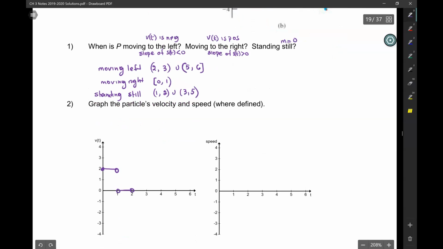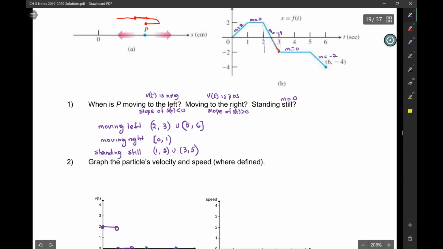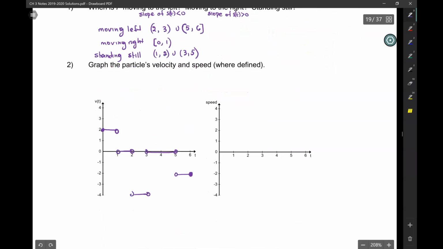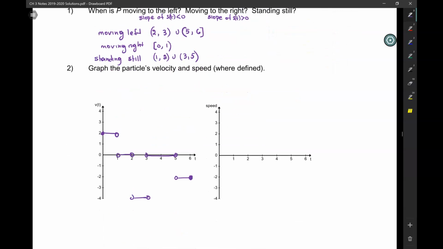And then from 3 to 5, it's 0. 5 to 6, it's negative 2. Close the end. The only closed dots are the one at the very left and the one at the very right. These are open. It looks that way because it's on the mark.